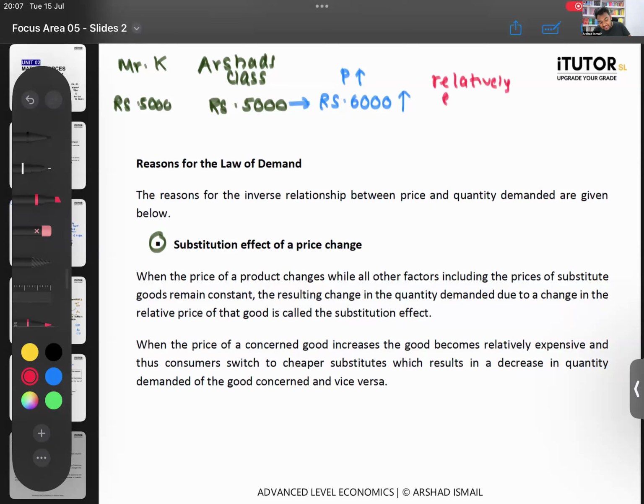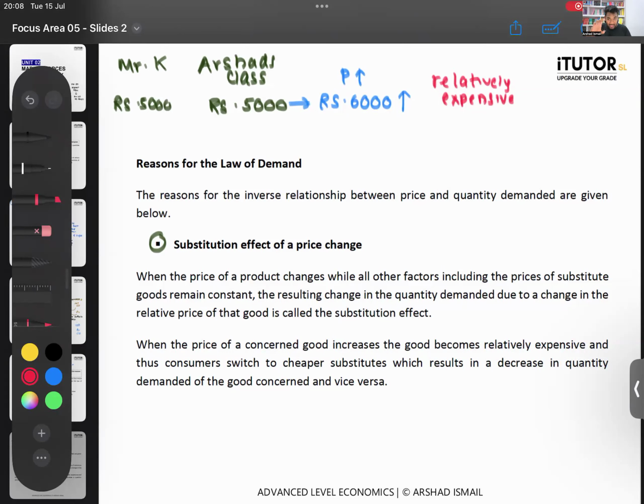So now what will some of you all do then? Now my class is expensive. The other class is only 5,000. I am 6,000. What will some of you all do? Some of the consumers will now switch to that class. That is the substitution effect. You substitute my class and move to my substitute.